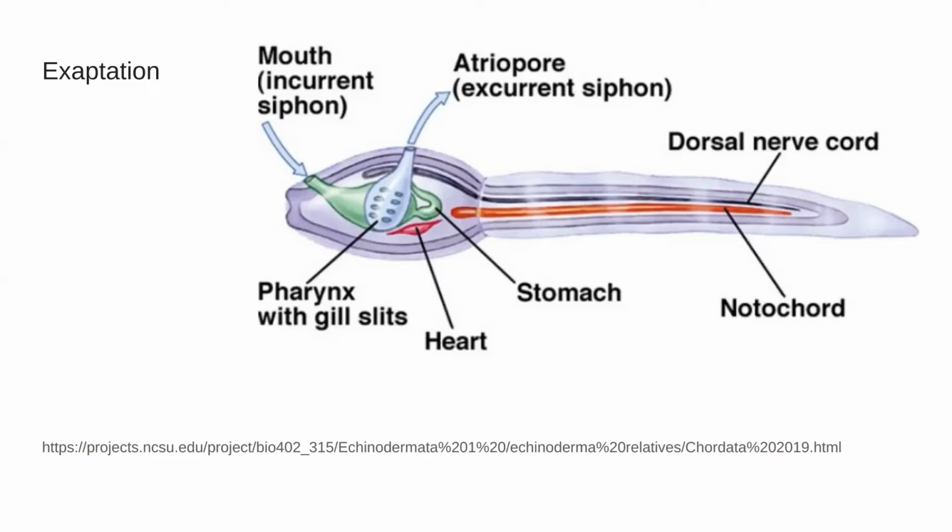And then after a while, it settles onto a rock or something, loses its tail, and it grows into this spongy sort of thing that filters plankton out of the water. The interesting thing is that this organ in its body, the part that squirts water out, has these little holes in it. And these holes are useful for catching plankton, like a sieve, and also because they have more surface area, they can extract oxygen from the water.